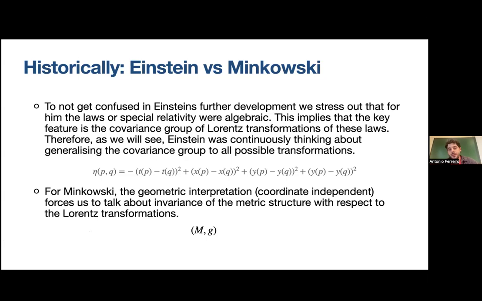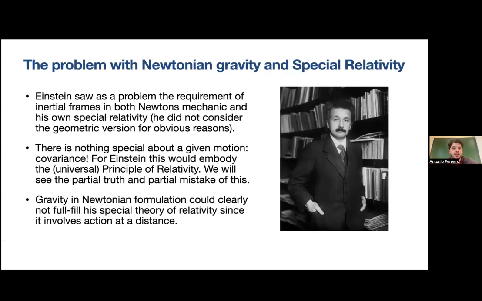So when he talks about covariance, we have to translate it into invariance, because if we want to talk about coordinate independence, as I explained before, Lorentz transformations are covariant only when written in terms of inertial coordinates, and are invariant in the general coordinate-independent formulation. And as I say, for Minkowski, the geometric interpretation forces us to talk about invariance. Okay, so with this, let us go on to try to understand general relativity.